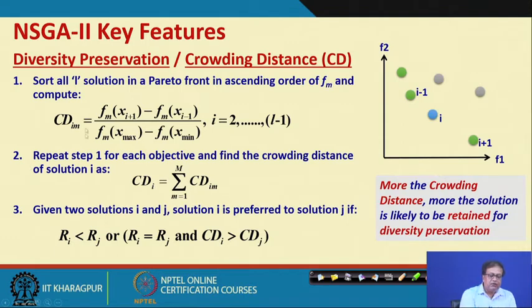So, that will be the crowding distance with regard to that particular solution with regard to that objective, and then add for all such objective functions, that will be the crowding distance.